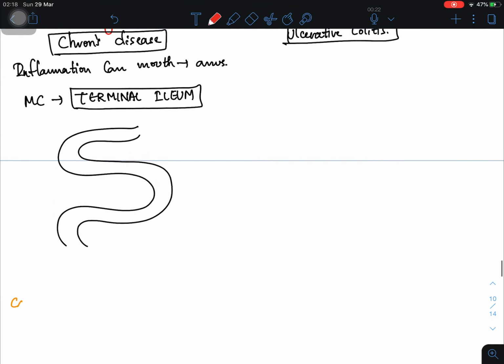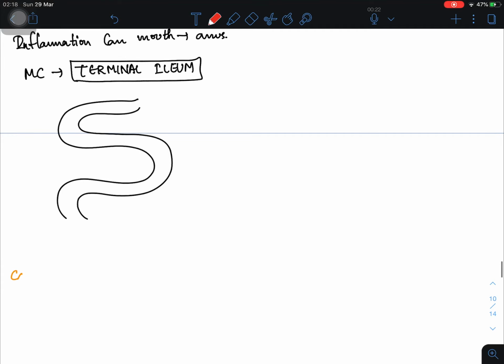However, I told you the inflammation can happen anywhere. So the inflammation can happen here, here, here, here. It can exactly happen anywhere.